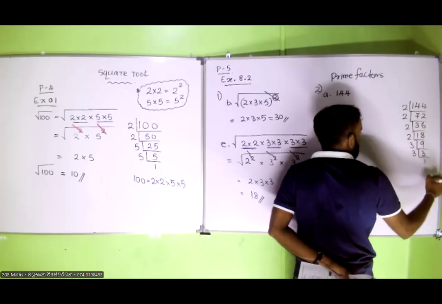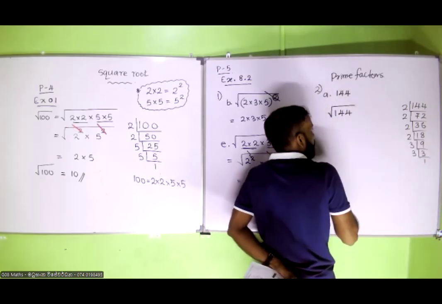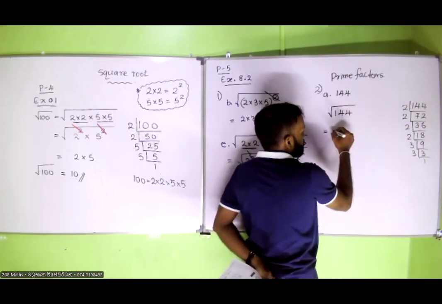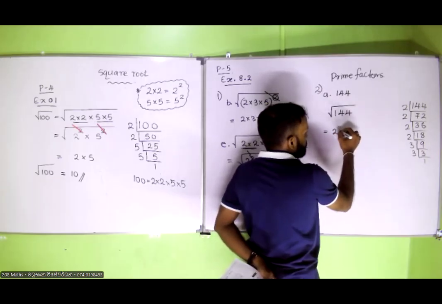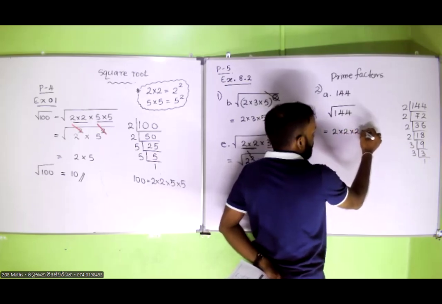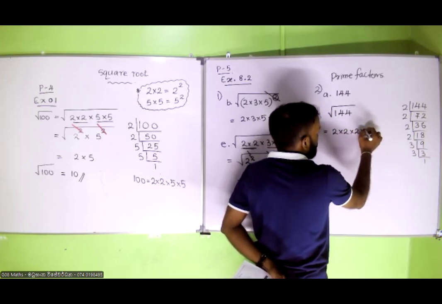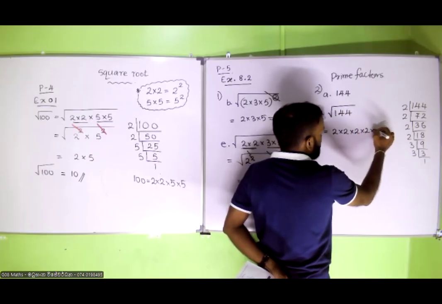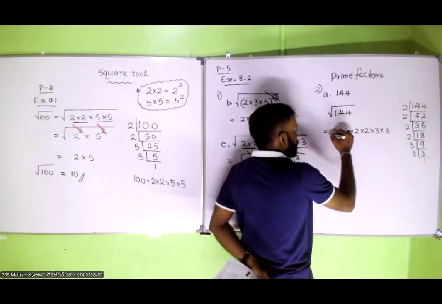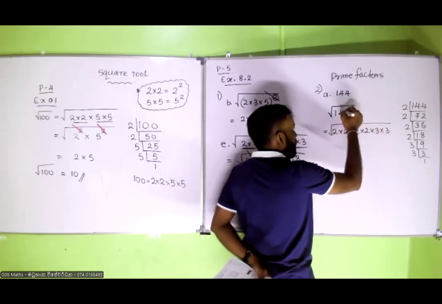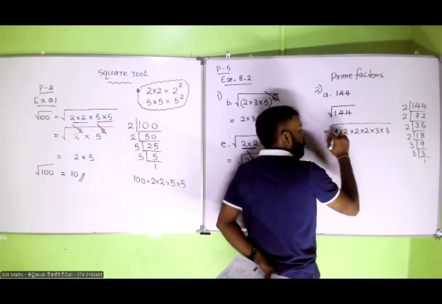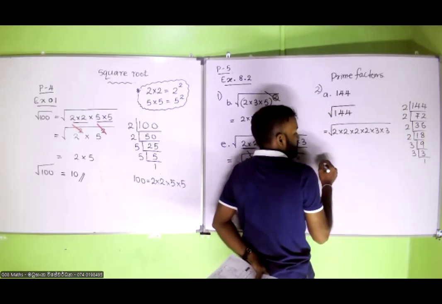Then 3 can be divided by 3, right? So 144 can be written down as 2 times 2 times 2 times 2 times 3 times 3. Correct? Square root, because 144 is equal to this, and the square root of the whole thing.